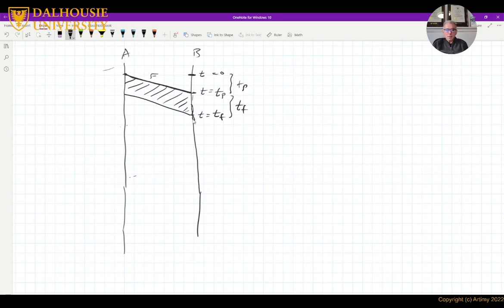And then let's say immediately I'm sending the acknowledgement. Propagation time on both sides will be the same. Sometimes in the book or the slides you see that the time for sending the frame is TP, but for some reason the time for the acknowledgement is longer.